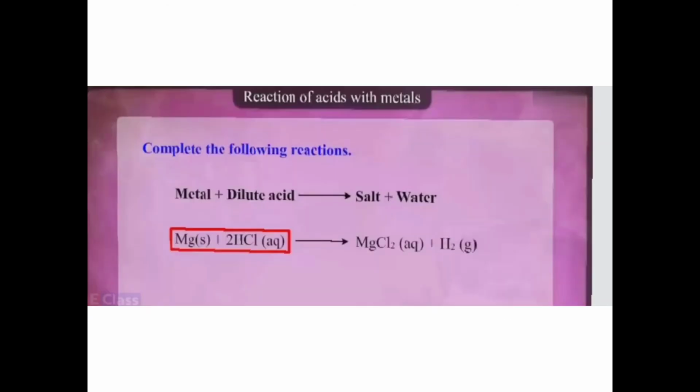So let us see some of the reactions. You have to remember one thing, metal reacts with the dilute acid to give salt and hydrogen. So Mg plus 2HCl gives you MgCl2 plus H2.